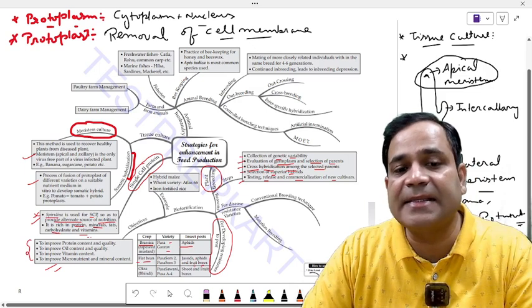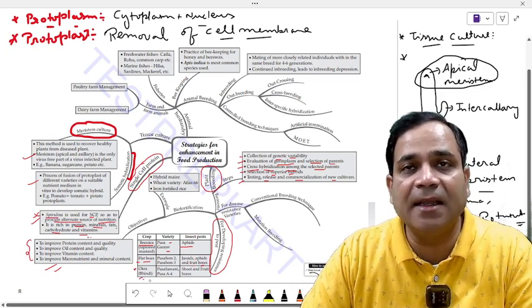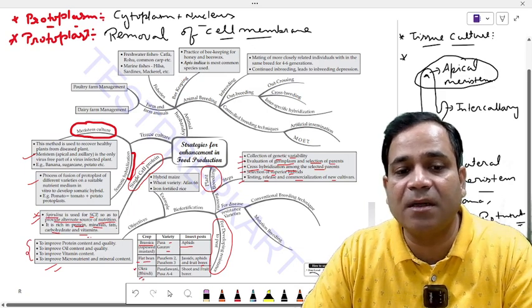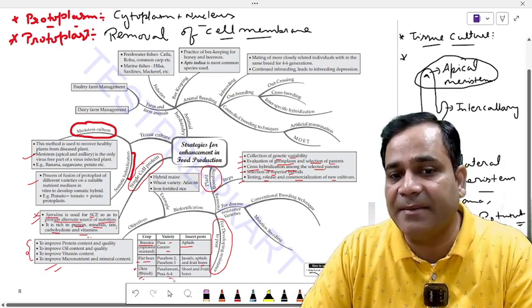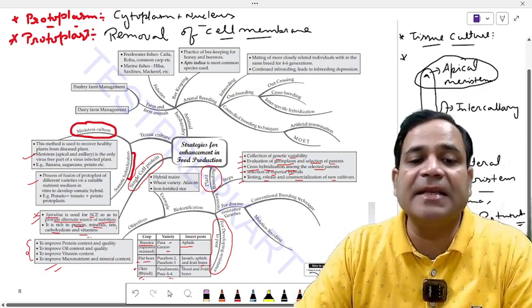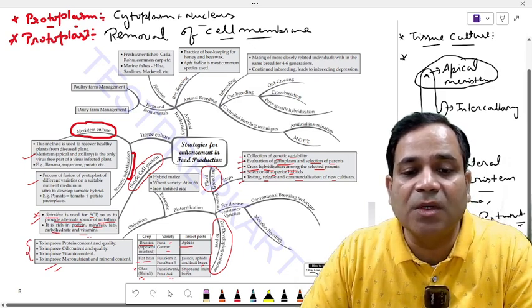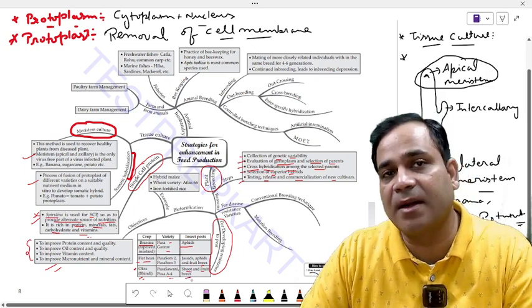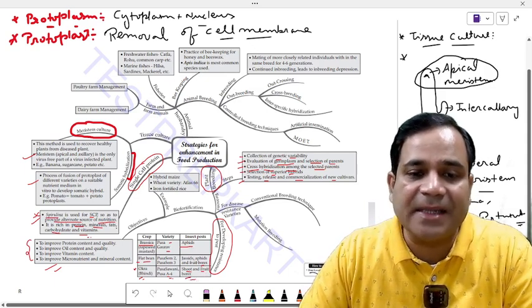And okra, that is bhindi in Hindi, has the varieties Pusa Sawani and Pusa A4, which are harmed by the insect pests shoot and fruit borer, my dear.